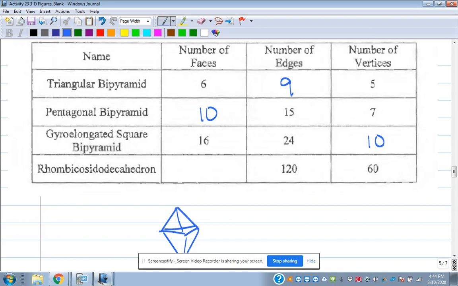Very close. So rhombicosidodecahedron. Okay, what's a rhombus? It's like a square that got hit by a bus, right? But what do we know about all the sides of a rhombus?